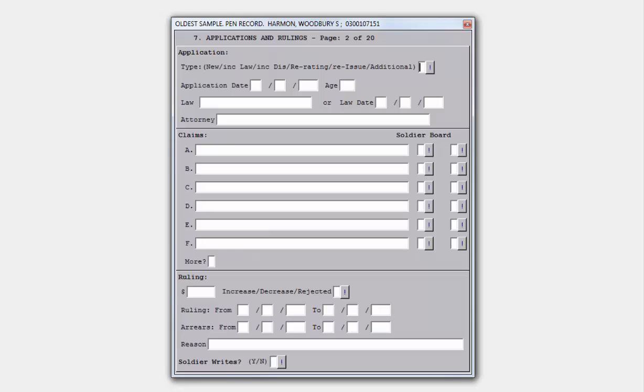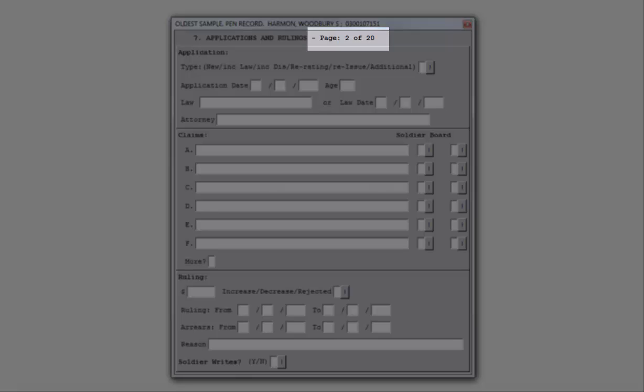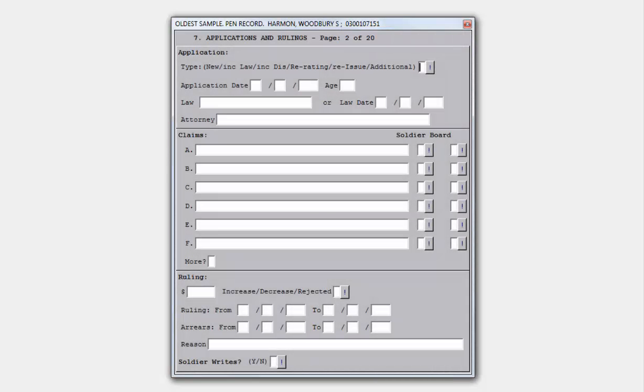Even though we have no formal application or ruling forms, these amounts must be recorded. The inputting program has room for up to 20 applications and rulings. In this instance, without the application form, the application type will be law. The inferred application date is the commencement date, January 1864.